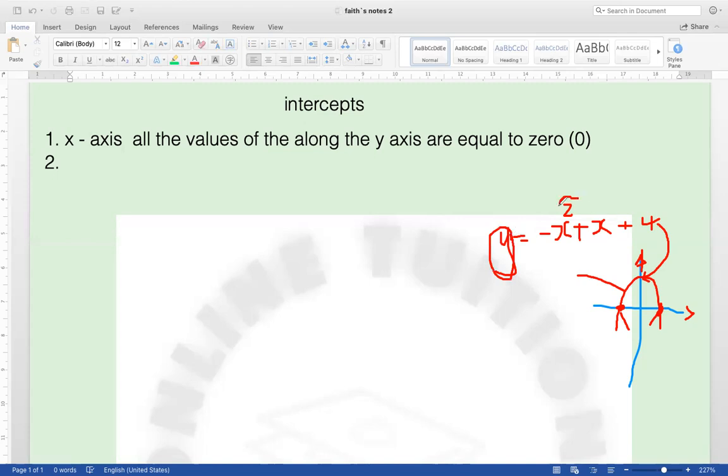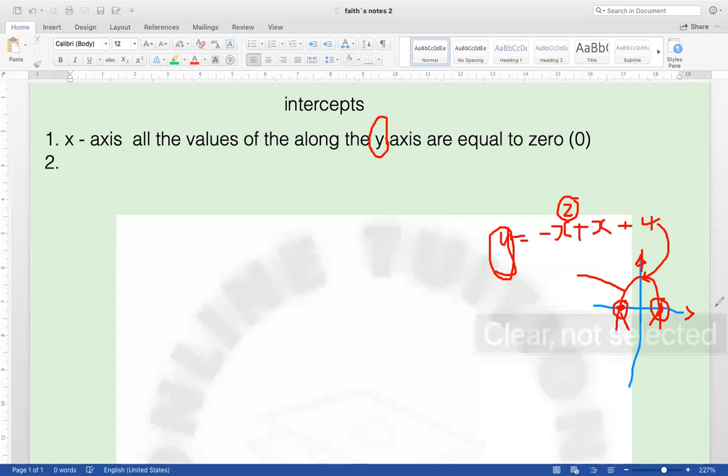Now, as you can see, the x is raised to power 2, meaning when you solve this question, you are likely to have 2 values of x, one value of x for that point, another value of x for another point. So this is what it means. Along the x-axis, the value of y is 0.